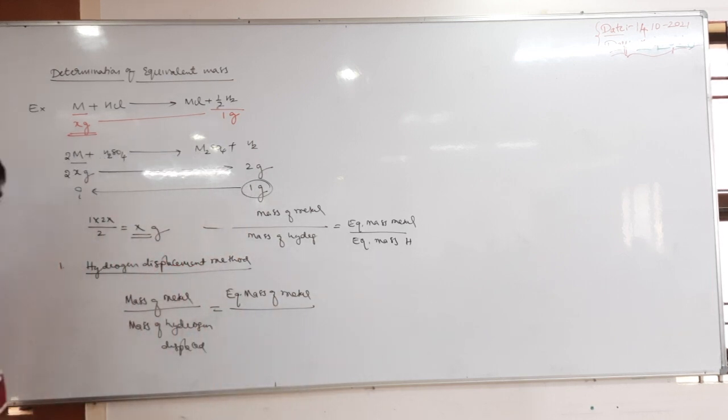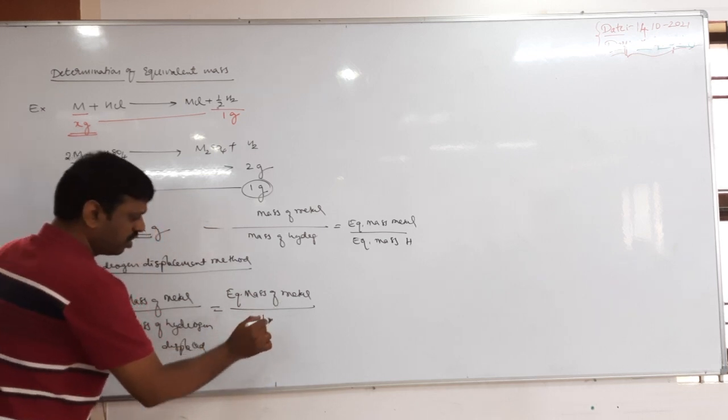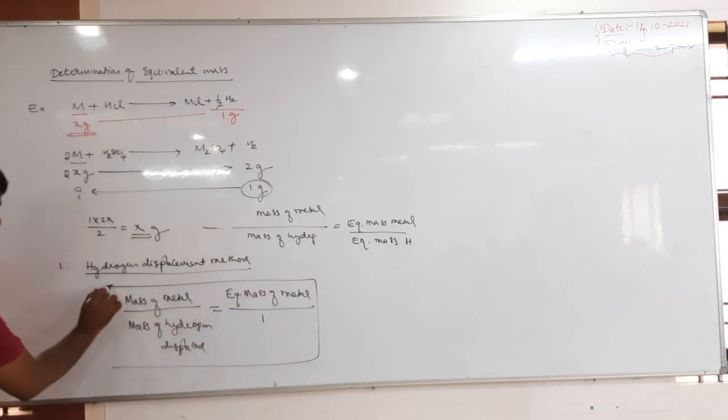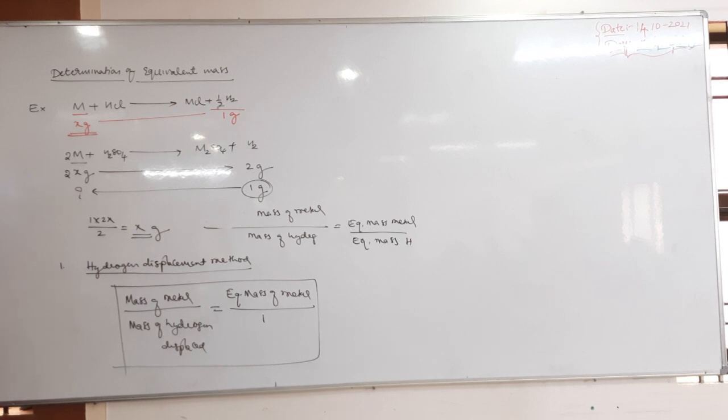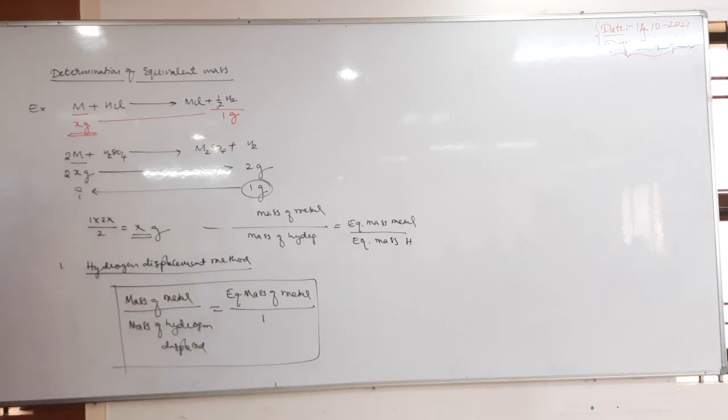The equivalent mass of hydrogen, we all know, is 1 or 1.008, or else you can take 1. Okay, this is by the hydrogen displacement method.